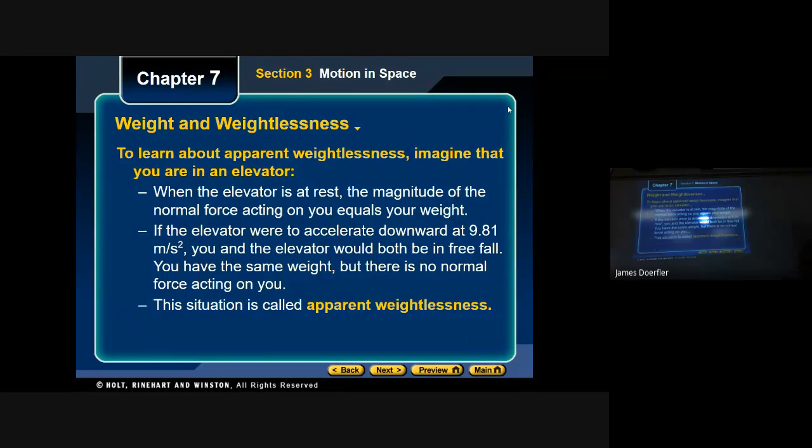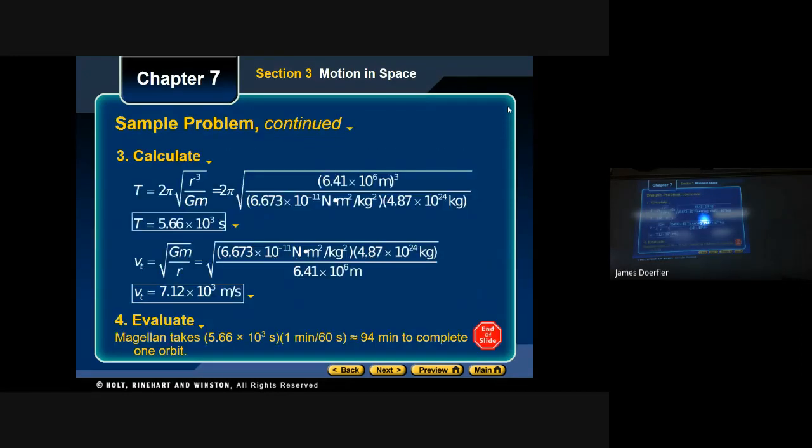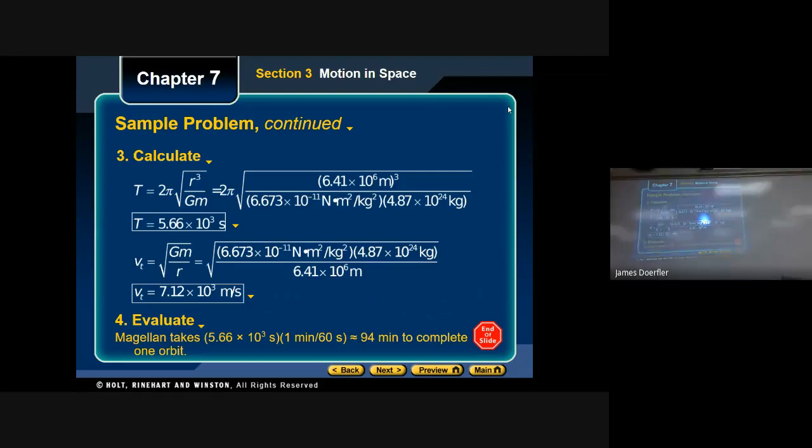But I want to get back to calculating, because this is what you're going to need for your homework. Go ahead and open up your textbooks to page 251.